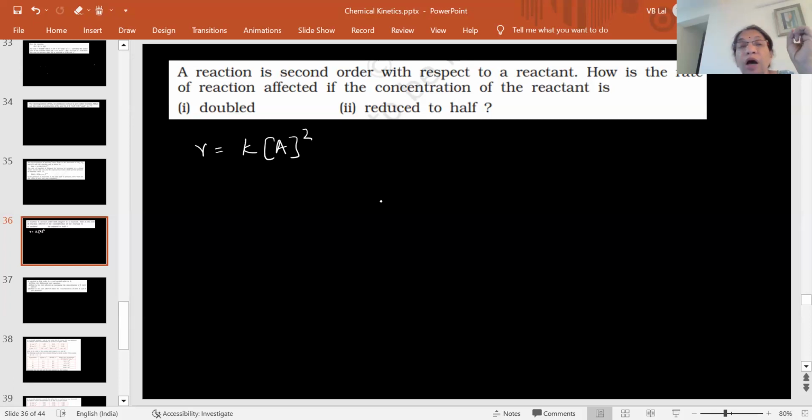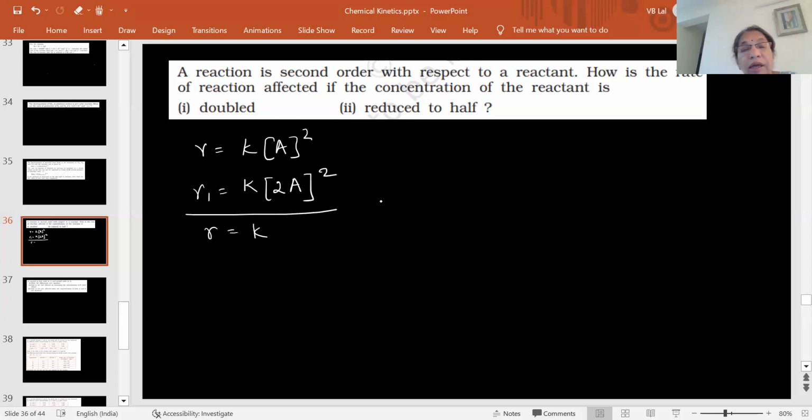How is the rate affected if the concentration is doubled? If A becomes 2A, R1 will be equal to K (2A) raised to 2.